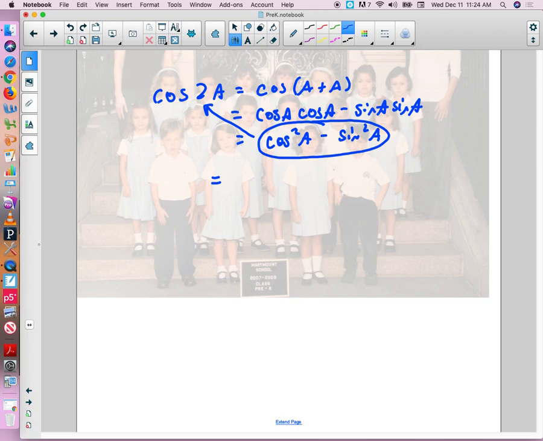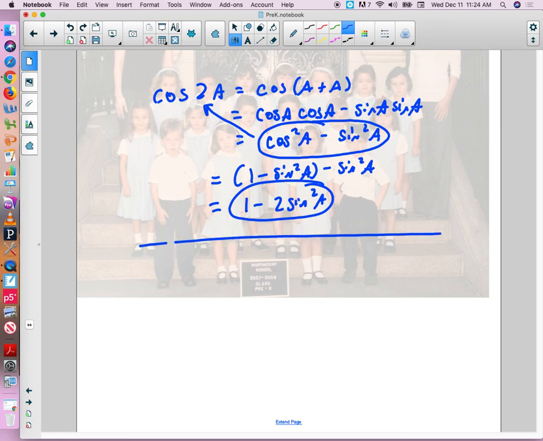I'm going to change cosine squared to 1 minus sine squared. So I'm going to have 1 minus 2 sine squared. I feel like I've lost y'all. I need you. I know there's a lot going on in the room besides over here, but I need you.